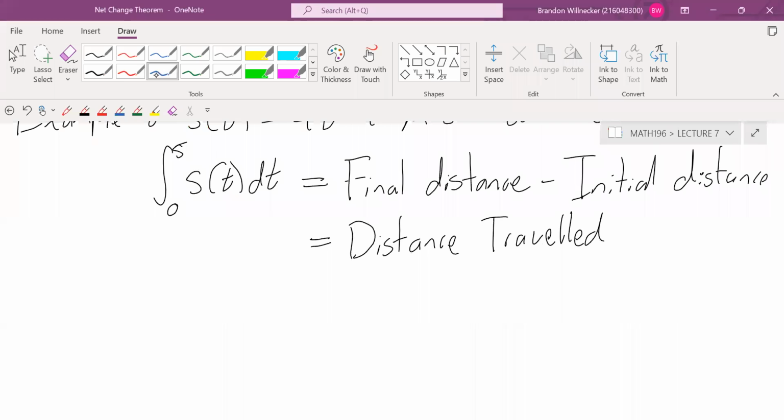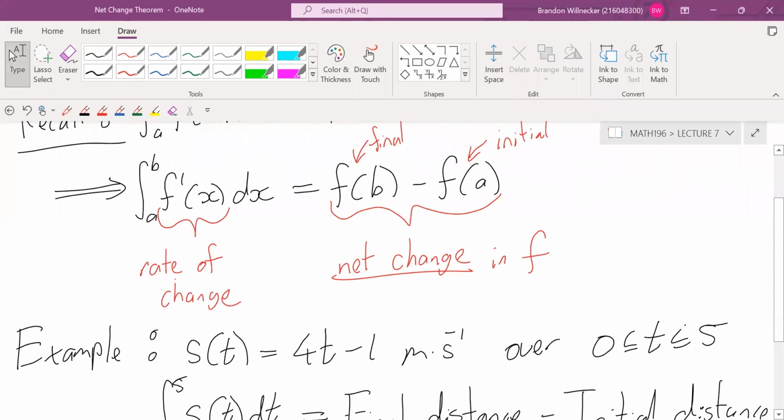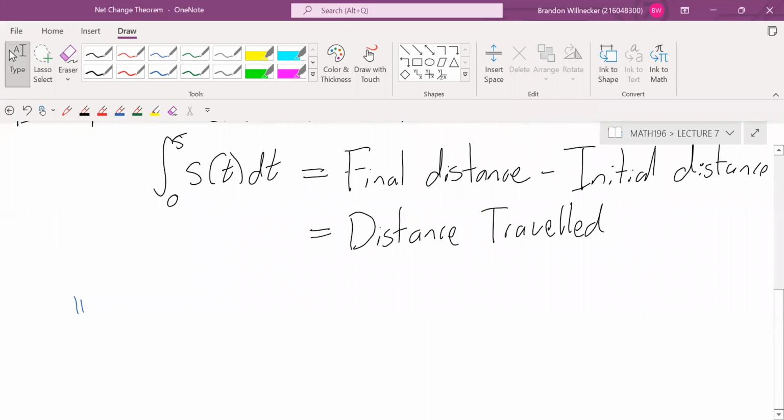So I just want to leave this little quote here. On the left-hand side, we can imagine that as the sum of small changes. So the sum of small changes.